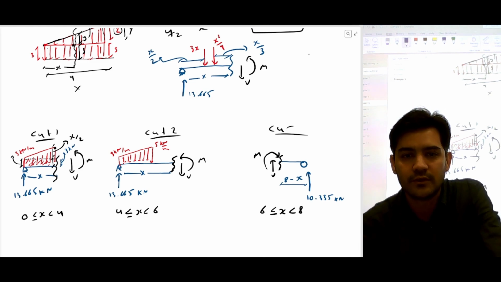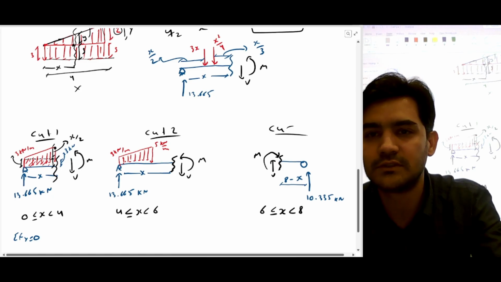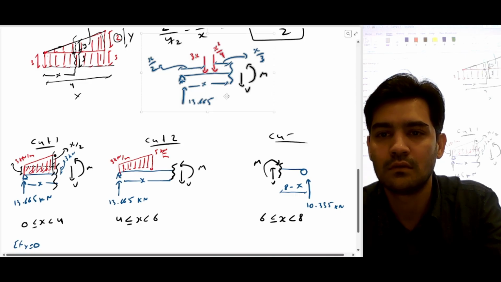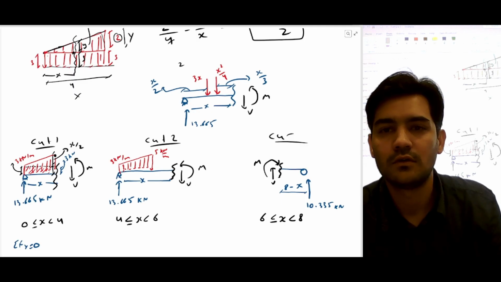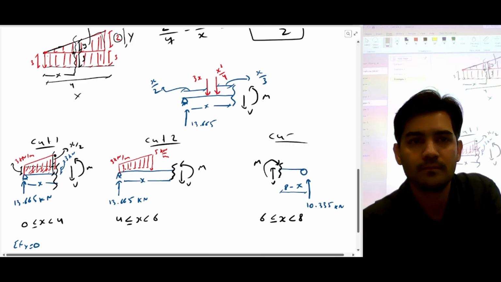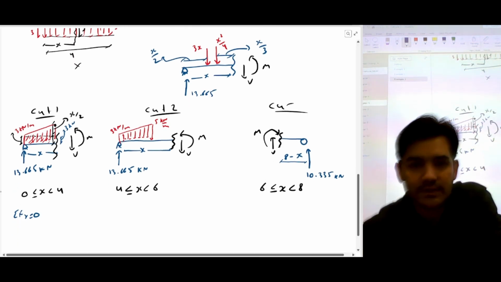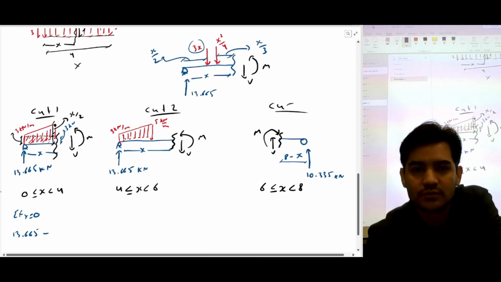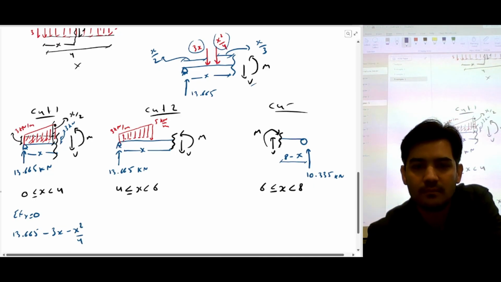Right, so if we do summation of f of y is equal to 0, from cut 1, you're going to get 13.665 minus this force, which is 3x, minus this force, which is minus x squared by 4, and then minus V is equal to 0.